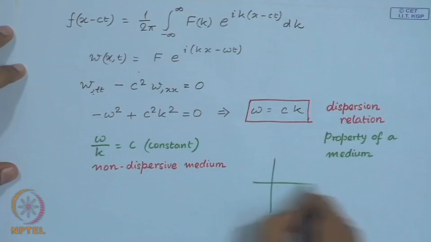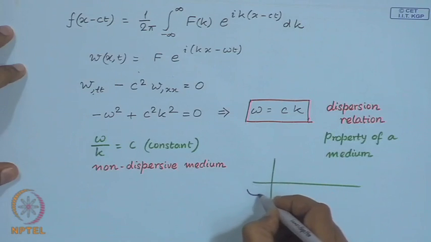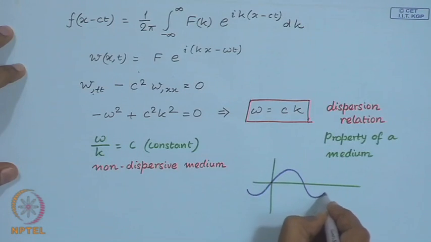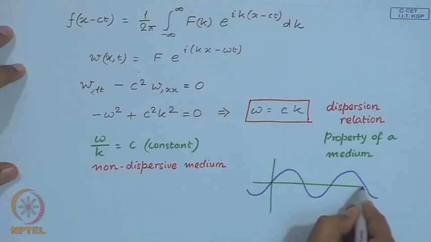When a harmonic wave propagates, a harmonic wave is associated with a wave number and a frequency. Wave number is related to the length of the wave, the wavelength. So, let us say this is the wave that is propagating.